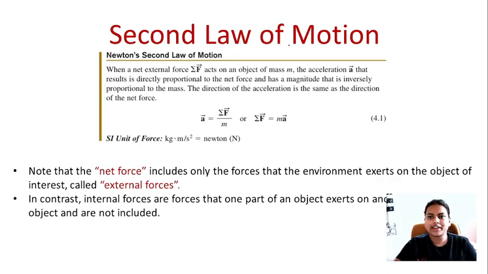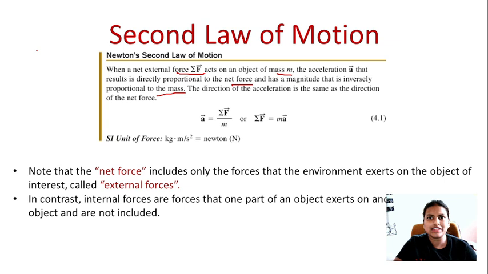Next we have the second law of motion. The second law says that when an external force acts on a body of mass m, acceleration is generated, or the body is accelerated. This acceleration is directly proportional to the force and inversely proportional to the mass.